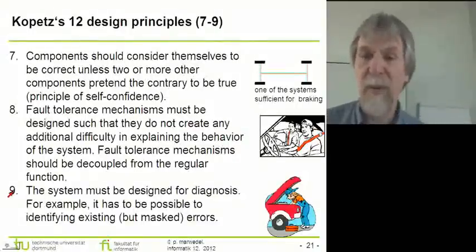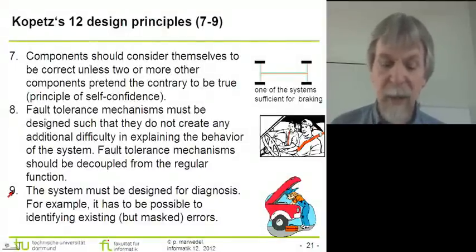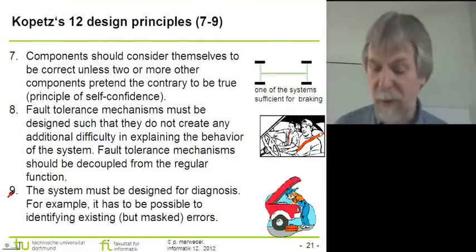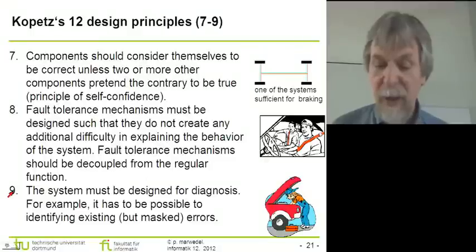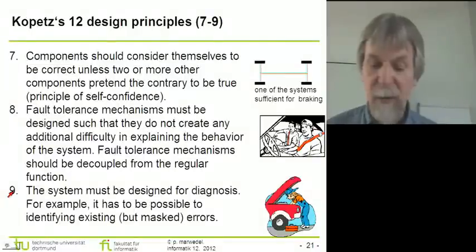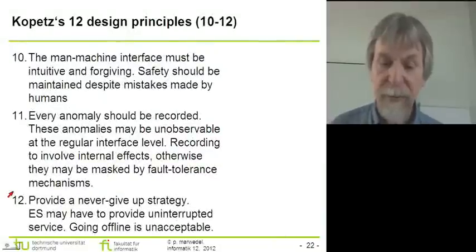These errors may be masked, so it may happen that these errors are not leading to failures. But we nevertheless must be able to figure out whether or not certain errors have occurred, and then we can possibly correct for the faults that have led to these errors.